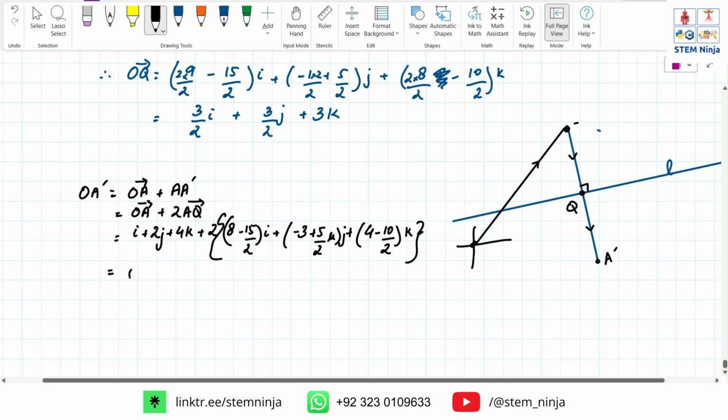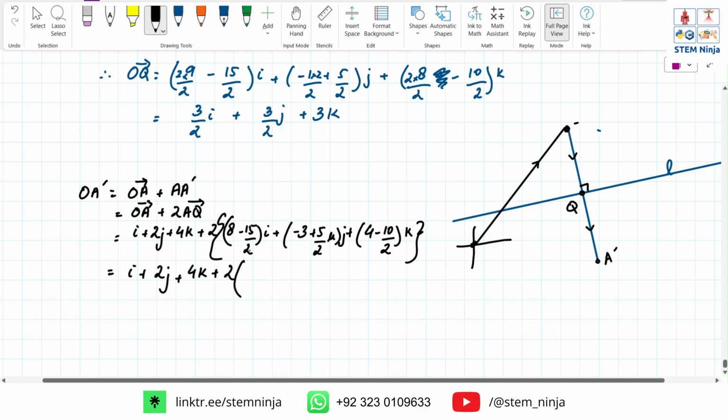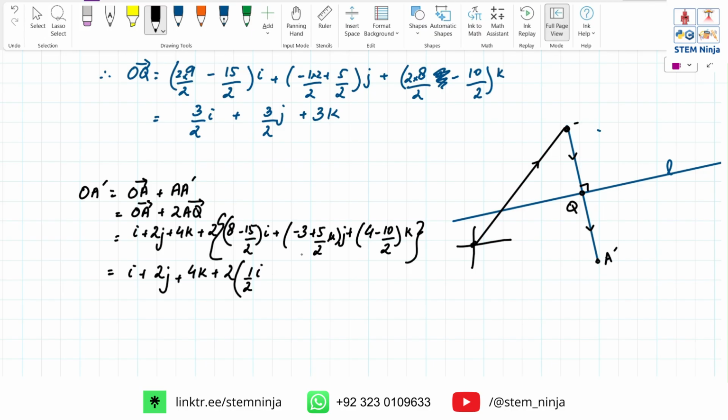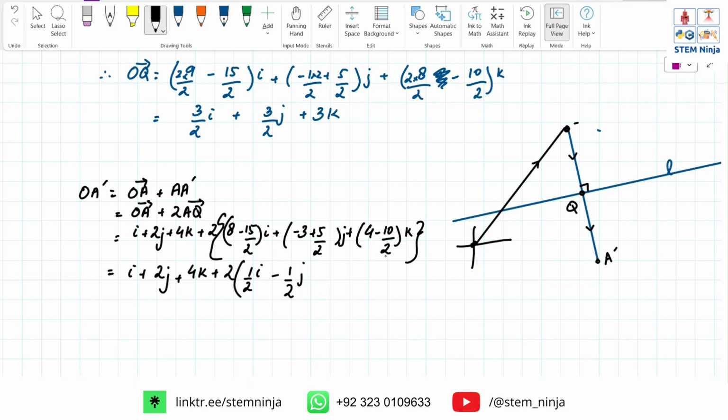So we have over here I plus 2J plus 4K plus 2 times 8 minus 15 over 2. 15 over 2 is 7.5, so you'd be left with half of I. Then 5 over 2 is 2.5, so minus 3 plus 2.5 is minus half J. And then 10 over 2 is 5, so that would be minus K. Now we multiply the 2 inside.